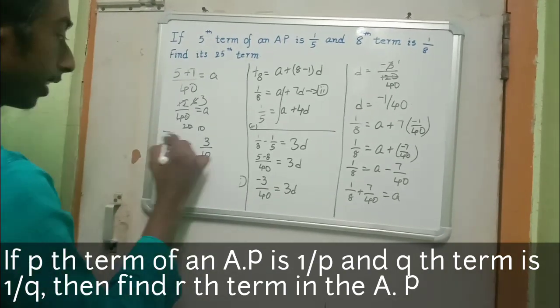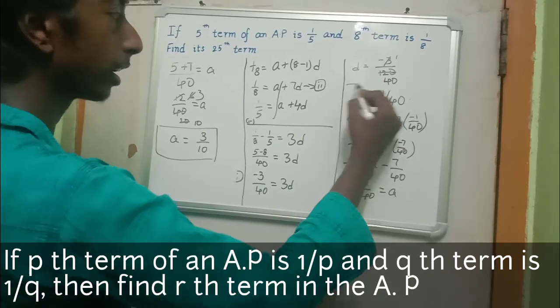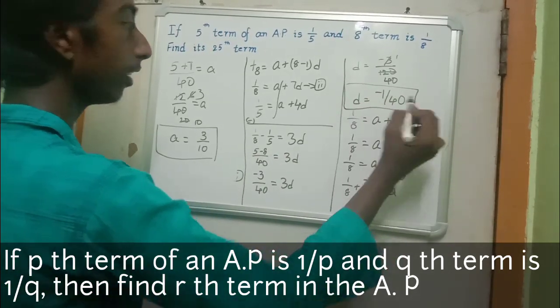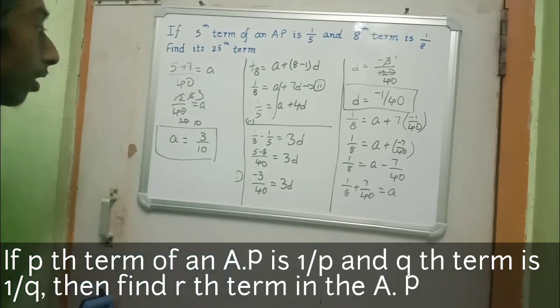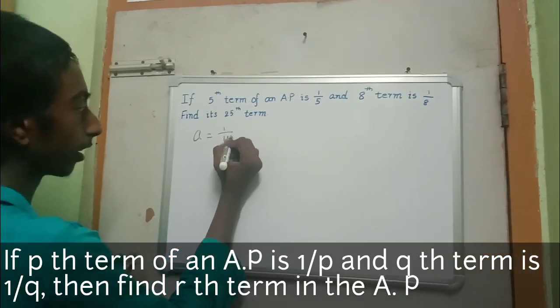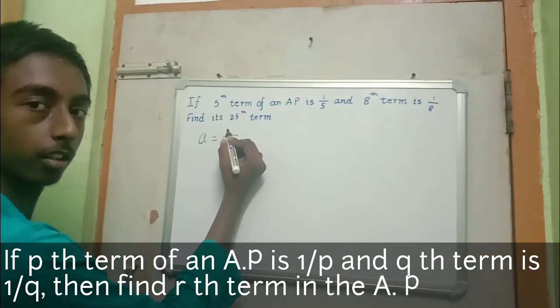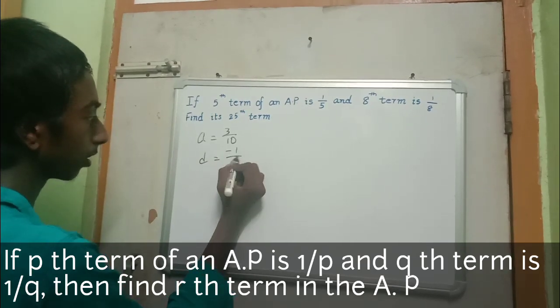So a becomes 3 by 10 and d becomes minus 1 by 40.